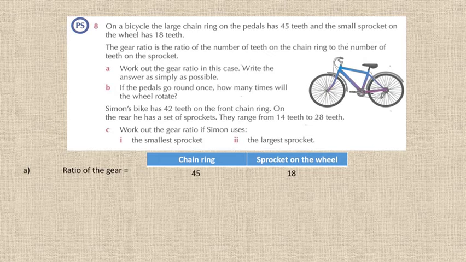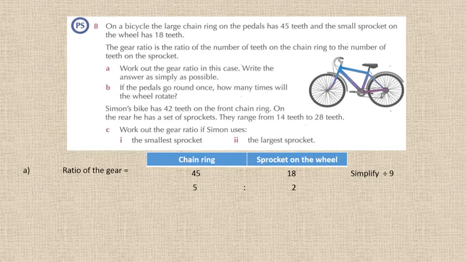So what's the biggest number you can think about? You can divide by 3 here, you can divide by 9, which is the largest number that you can divide with. So I simplify by dividing by 9, so the simplest form is 5 to 2. This is the simplest form.